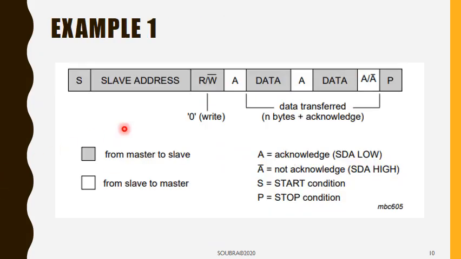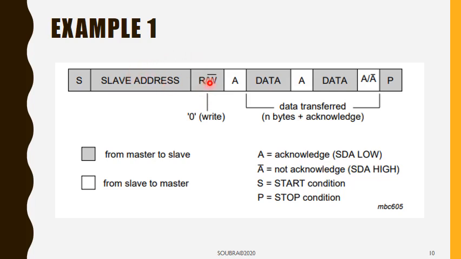Alright, so let's see a couple of examples here. So here's a transmission happening. We have the start condition here. Then of course the one who initiates is always a master, because there could be more than one master on the bus. And then we need to specify the slave address, the one that we want to talk to. In that particular case, we're saying that we're going to transmit data from the master to the specified slave.